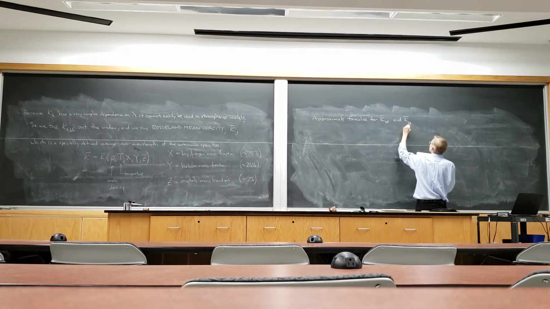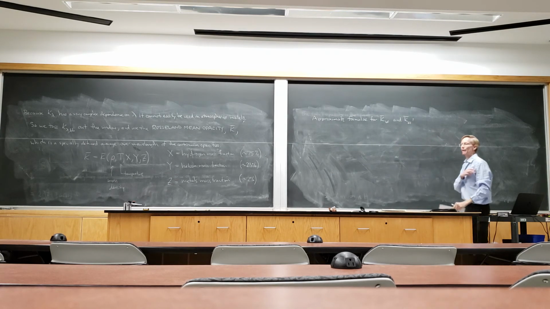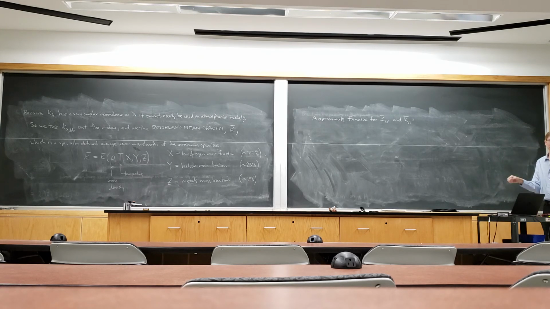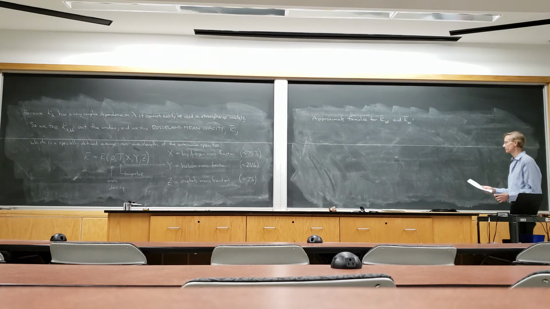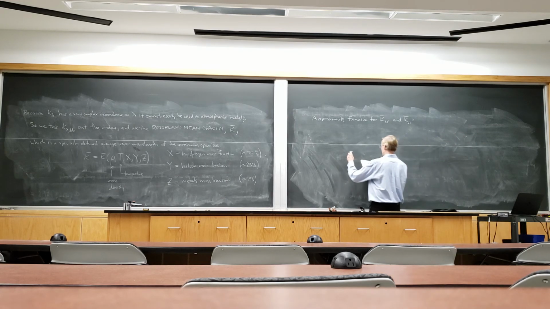And those are the two that you need to worry about, because bound-bound we're just not even trying to do here. There's no meaningful average over wavelength you can take for line opacity, because it's just too much of a mess. And it's a terrible approximation to try to average over wavelength when you've got a bunch of spikes. It's 0 at some places and big at other places. And the Thomson scattering is independent of wavelength, so that's not something you need to worry about averaging over wavelength. So these are the two contributions, number 2 and 3, where we need to make averages.